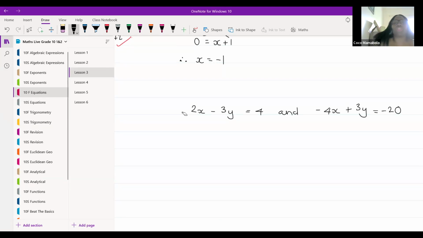And I want us to try using elimination. Now, remember, guys, your first step is to number them. So start by numbering, and then you'll see if you put them one under the other what you need to do from there. Give me a thumbs up or give me your favorite emoji in the chat when you're ready.